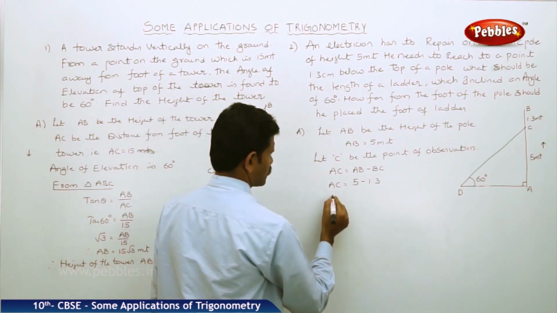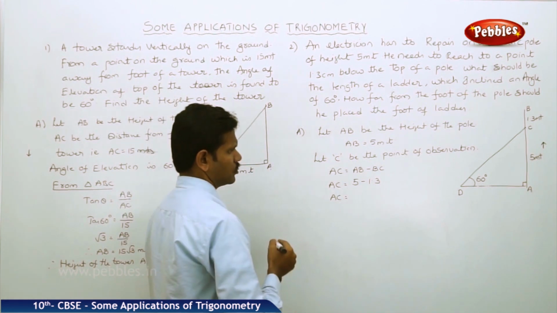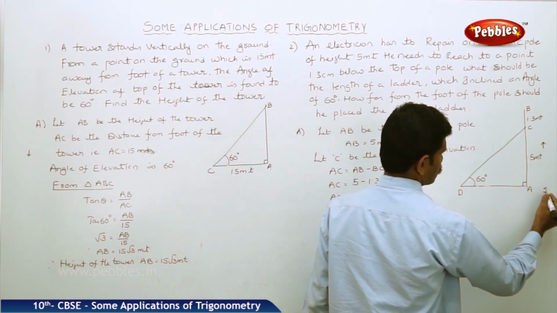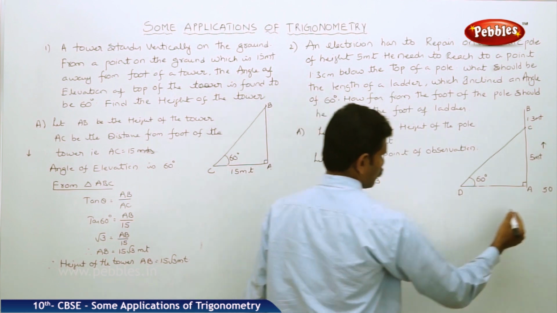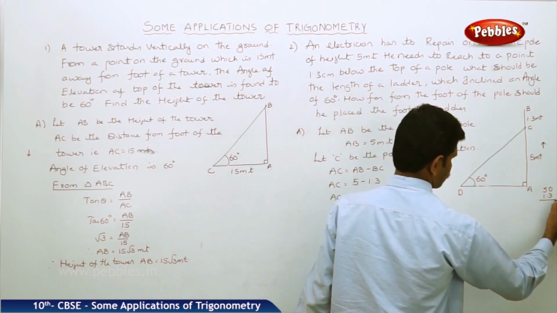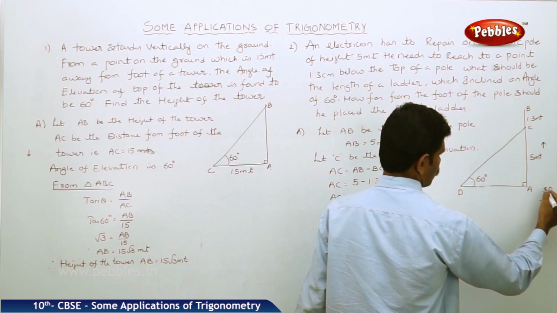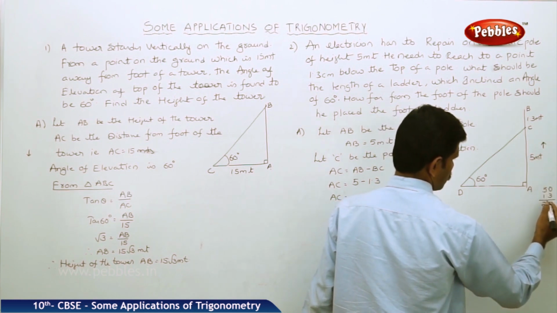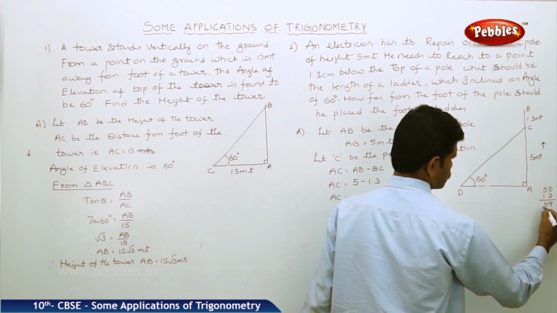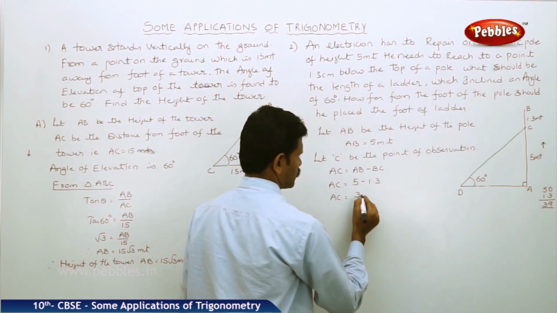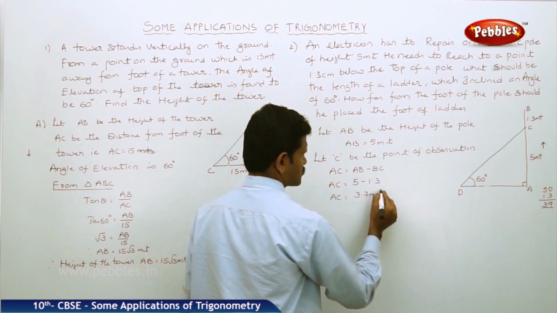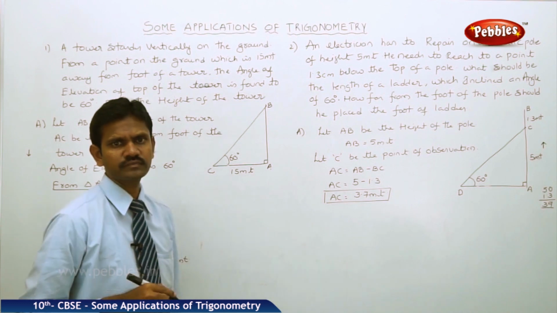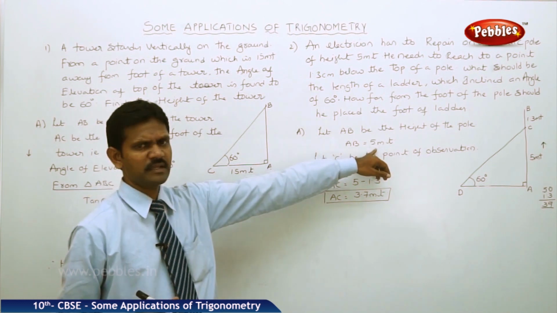That is, AC is equal to 5.0 minus 1.3, that is 3.7 meters, the height of the part of the pole.